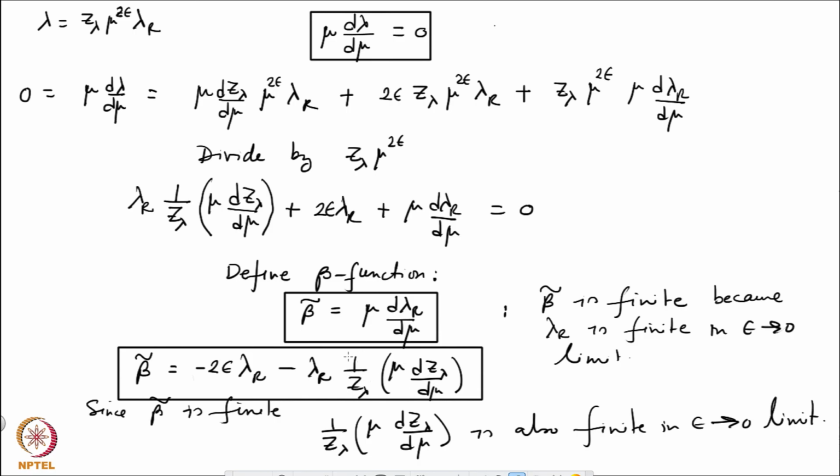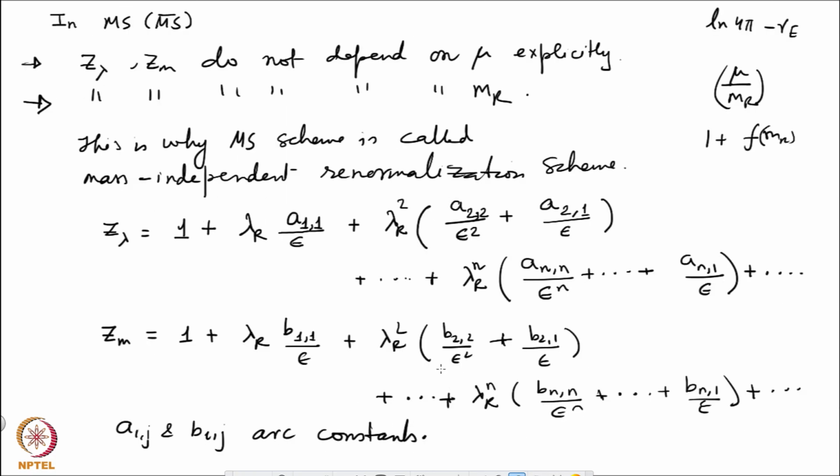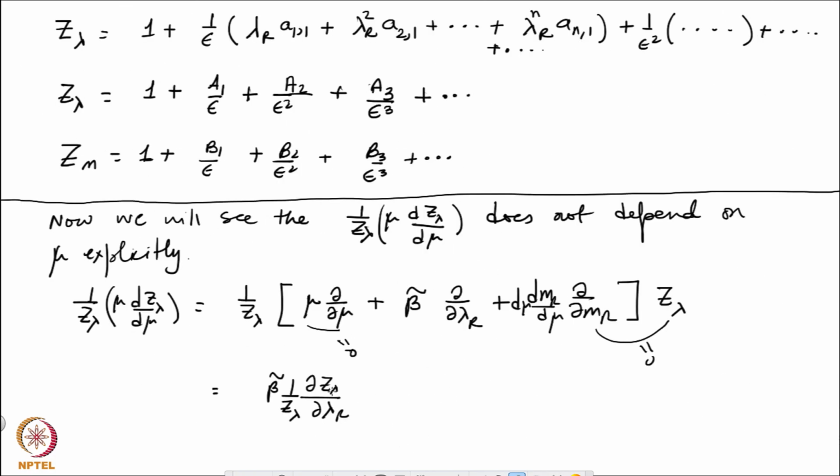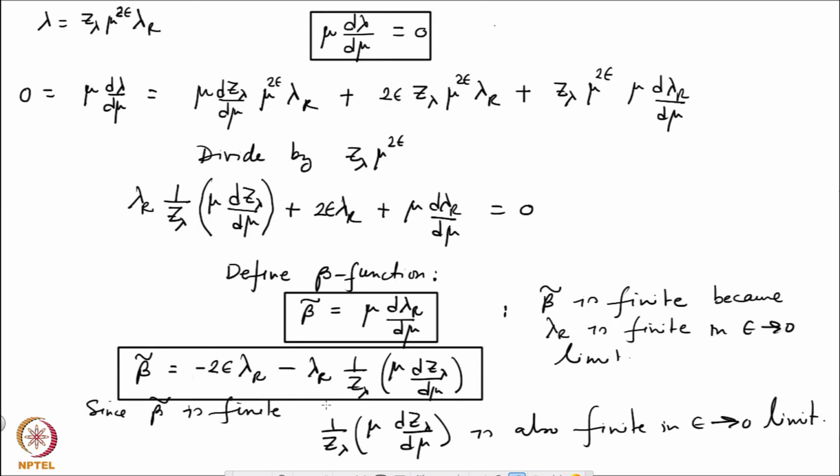Okay, I have just written down 1 over z lambda mu dz lambda over d mu as beta tilde 1 over z lambda del z lambda over del lambda r. Okay, now the derivative is with respect to lambda r instead of mu. So I'm going to put this in here. So what do I get?